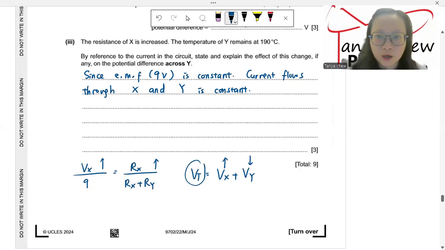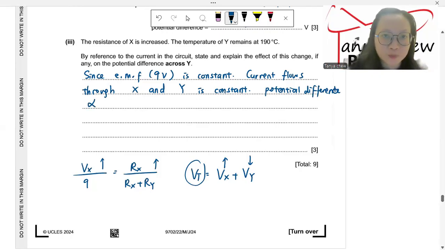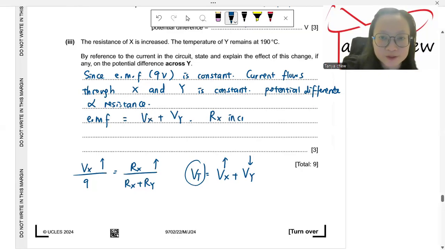The potential difference is directly proportional to the resistance. V total, the total EMF, is equal to Vx plus Vy. Rx increases, Vx increases.